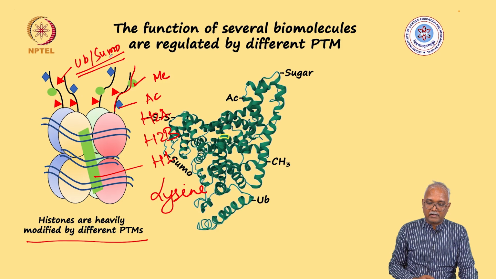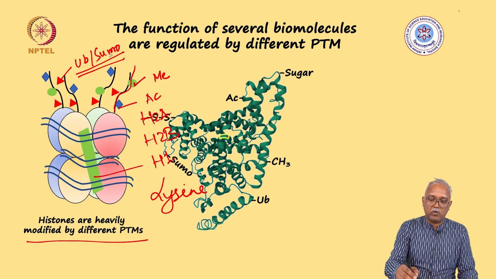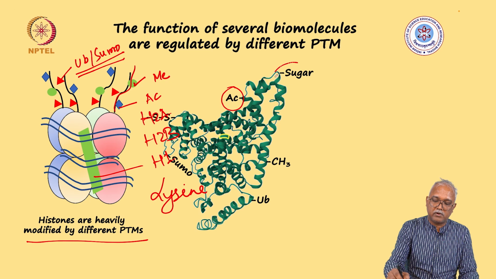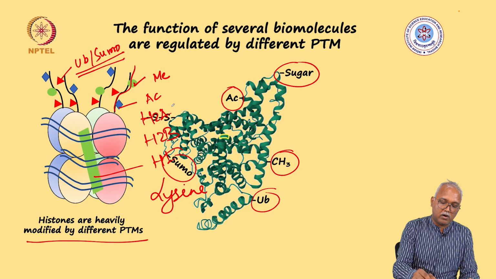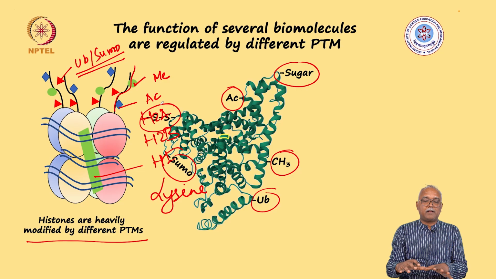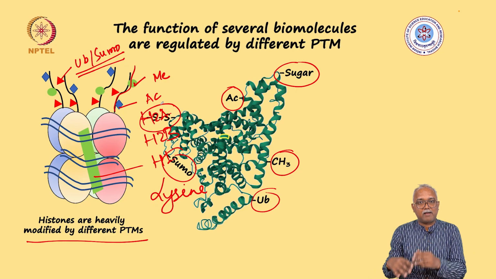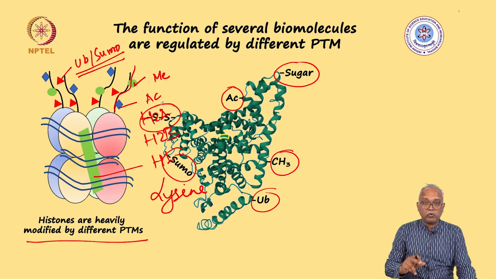If you look at a target molecule, a protein, it can undergo all these modifications, whether by sugar attachment, acetyl group, methyl group, ubiquitination, SUMO attachment or disulfide bond formation. So what you probably understand is that there are many ways by which a signal, receptor or effector protein can be modified to regulate the overall signaling process.